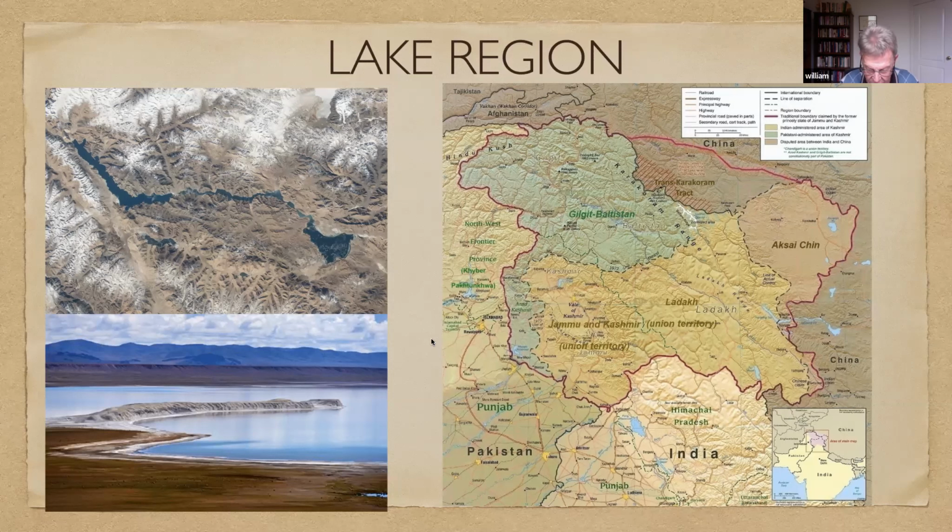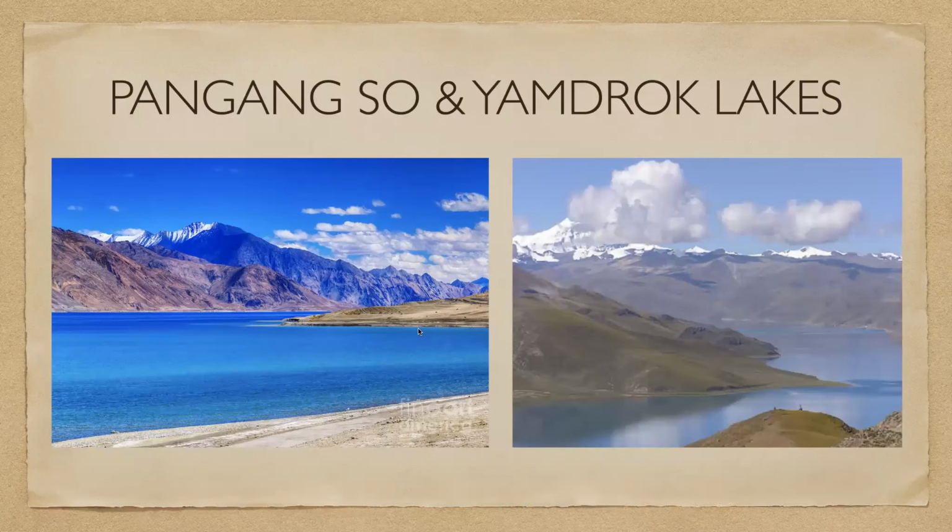It gets extremely cold, with very little precipitation, only about 4 inches per year. And there are no river outlets. It is dotted with small lakes. Here's an example of two of the lakes, the Pangong and the Yamdrok.